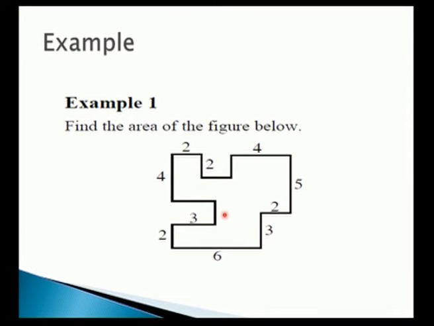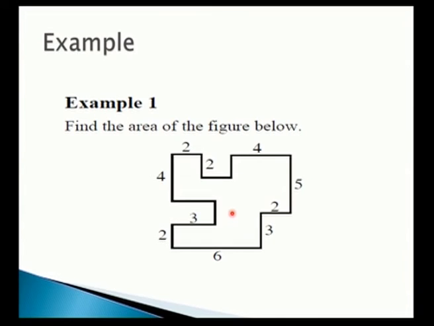This figure is made up of many squares and rectangles. First, we need to identify how many squares and how many rectangles are there. Then you can keep the area of each square as some unit. Then you can apply that to the other part of the figure.